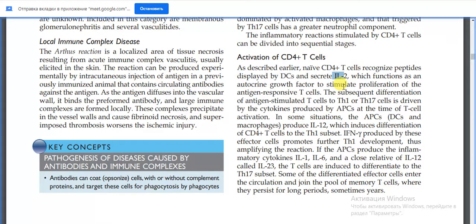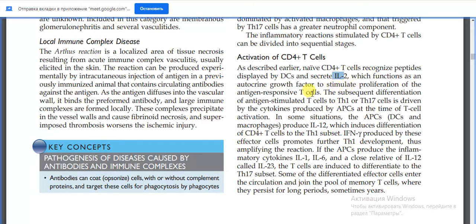So you see, CD4 positive T cells, after activation by dendritic cells, cause their own proliferation. It's an autocrine growth factor. It means our own cells are producing a hormone to activate themselves. But it happens only after the activation by the dendritic cell.